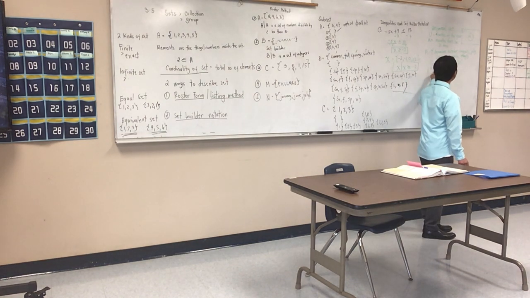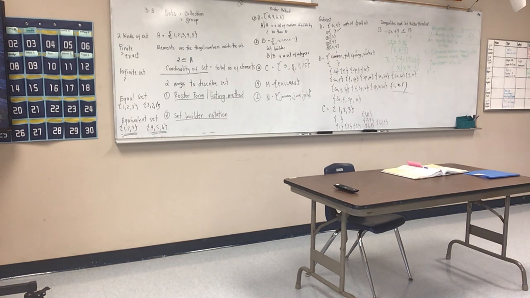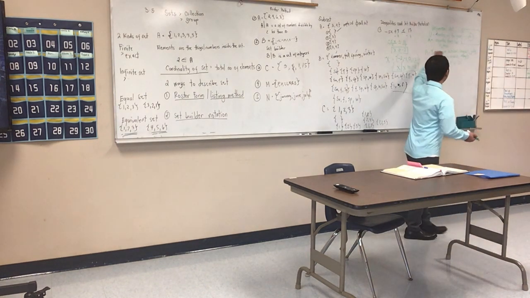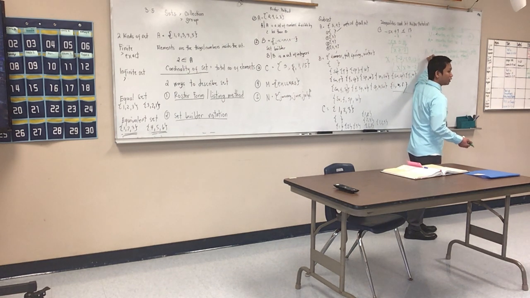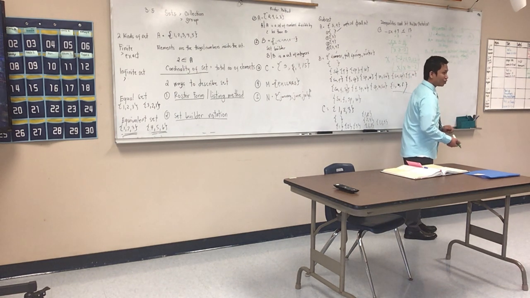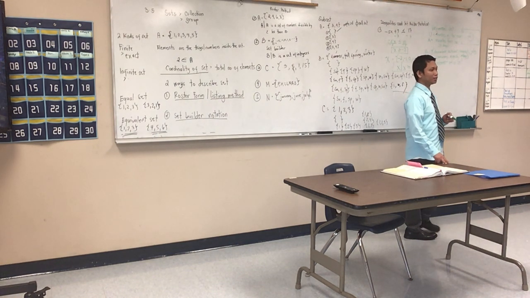Complement of a set, these are the elements that you can see on the universal set but are not found on set A. So what are the months that do not have 31 days? That is the complement of set A.